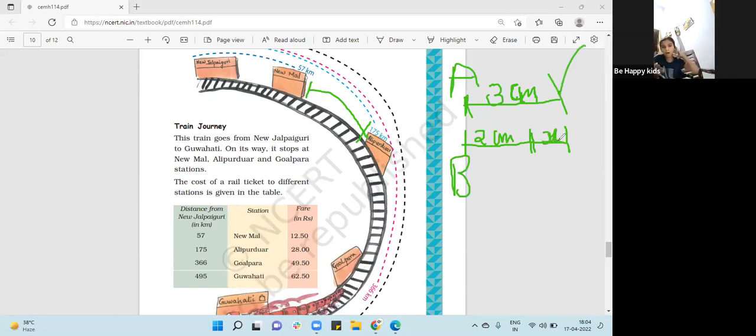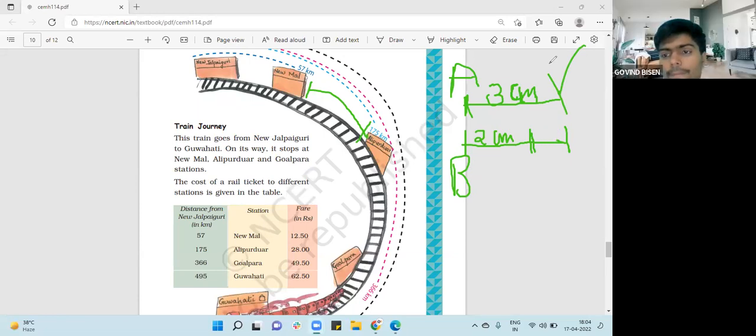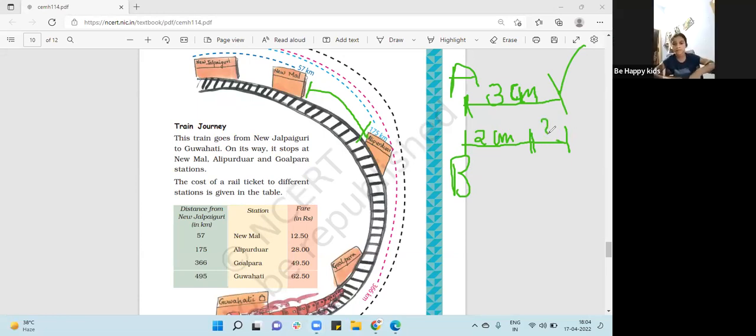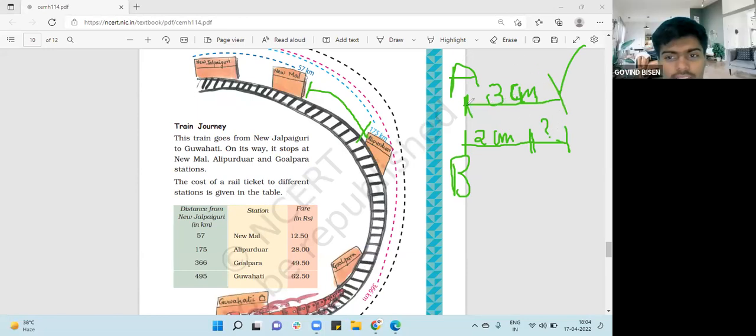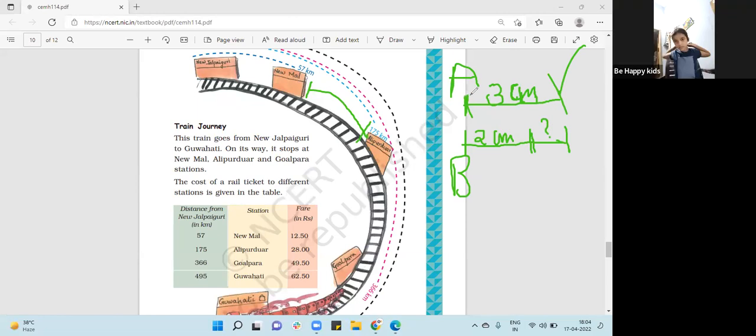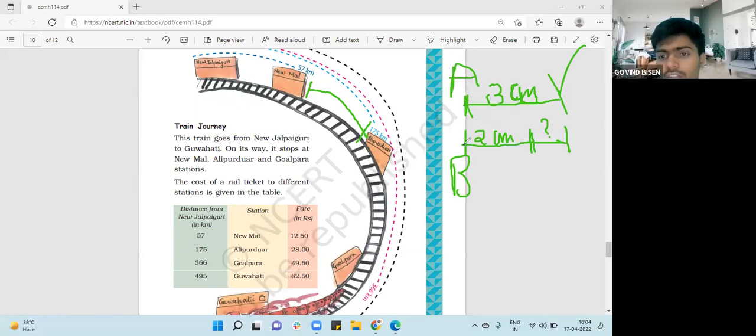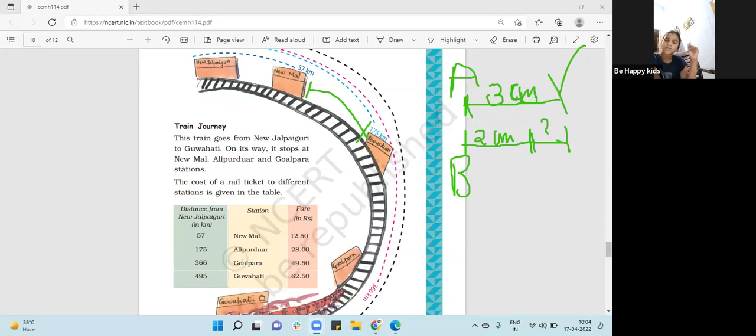Suppose these two distances are the same and I have traveled 2 units. Then how much more distance do I have to travel?